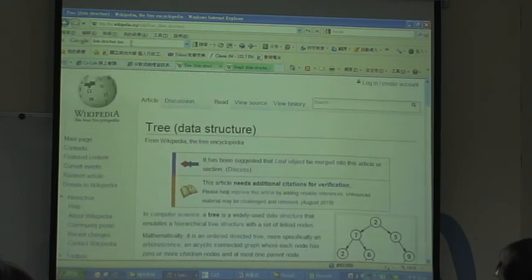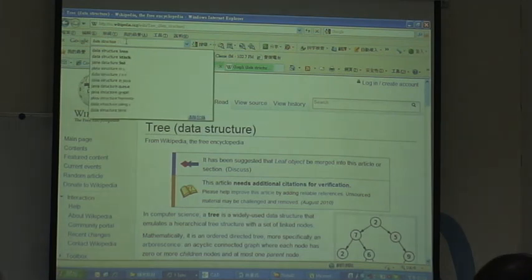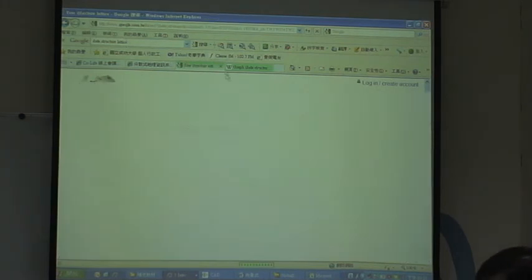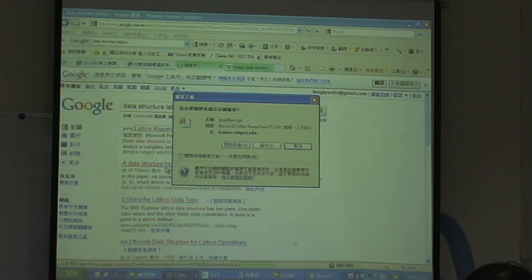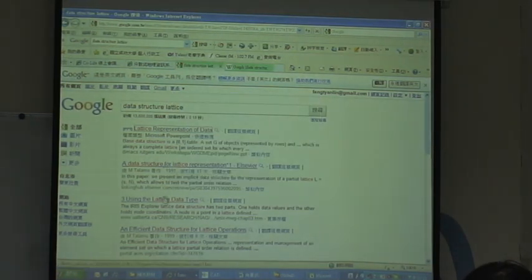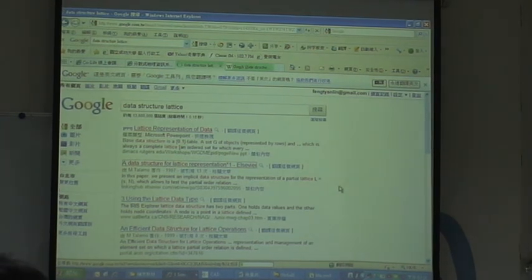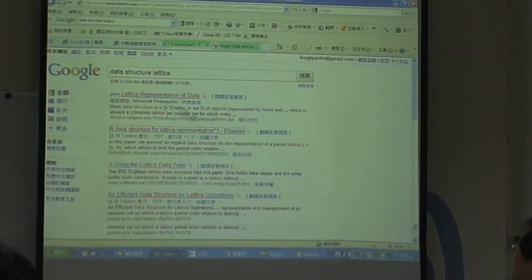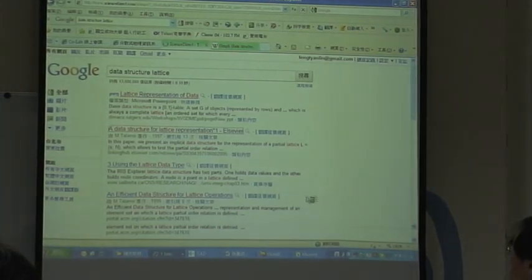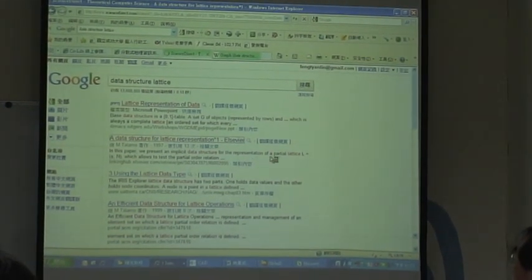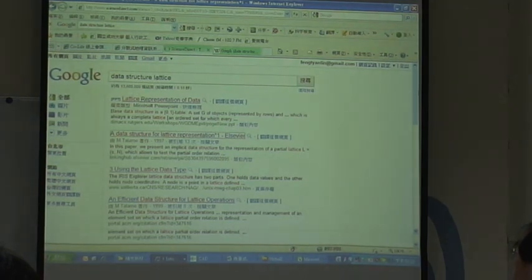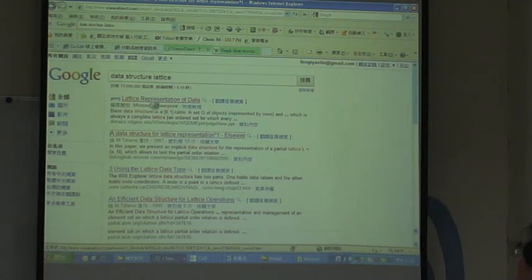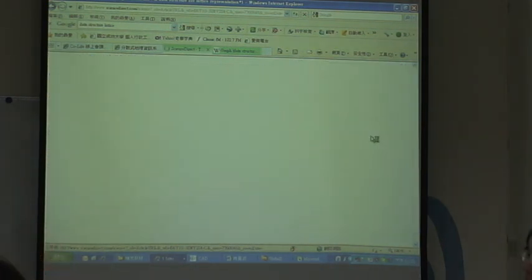If you have another definition, lattice, L-A-T-T-I-C-E. Let me see.